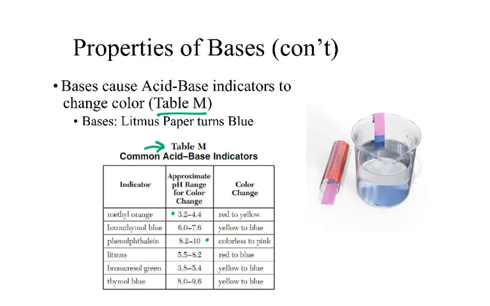So table M, again, litmus paper is going to be the one we're talking about right now because 8.2 is a very basic number. When litmus paper is in the presence of a base, it will turn blue. If you notice in the image over here, we have red or pink litmus paper. It is blue because it is in the presence of a base. So the opposite of an acid. But we're going to talk more about indicators and pH in the next video.